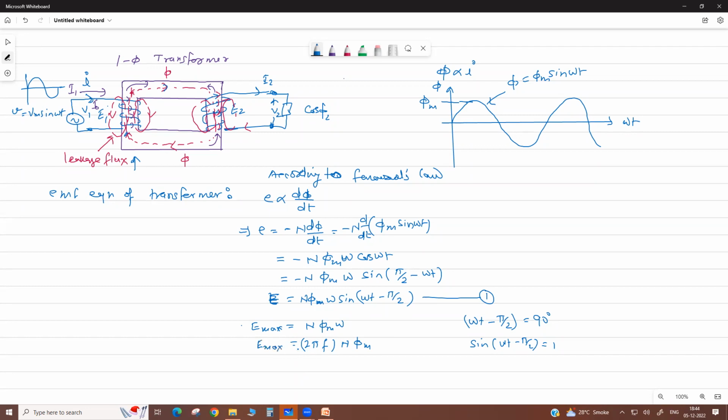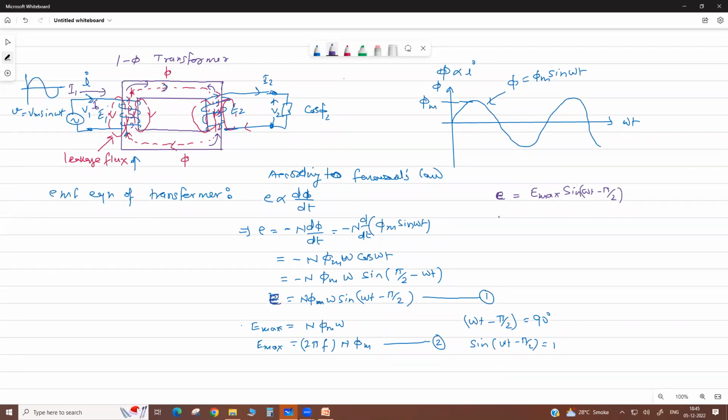So we can write E equals E maximum sin of omega t minus pi by 2. This is sinusoidal.